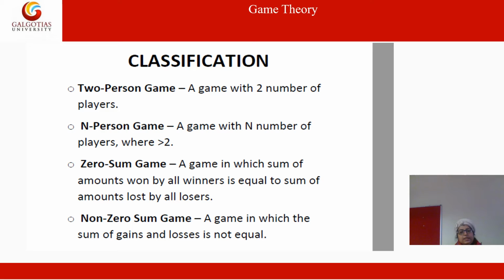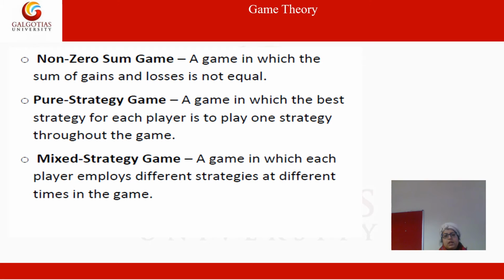The next is the non-zero sum game, in which the sum of the gains and losses are not equal to each other. As we have already discussed, in a non-zero sum game, the sum of gain and loss is not equal.